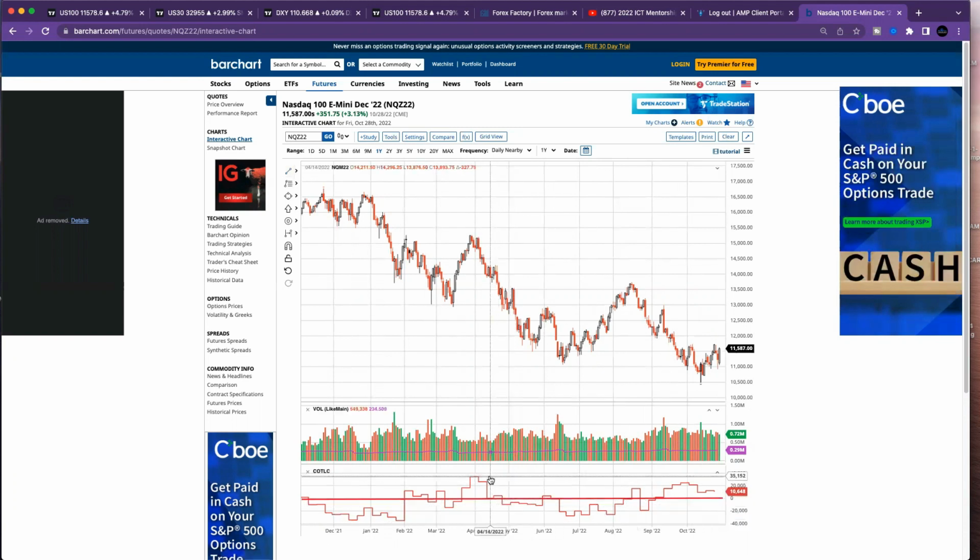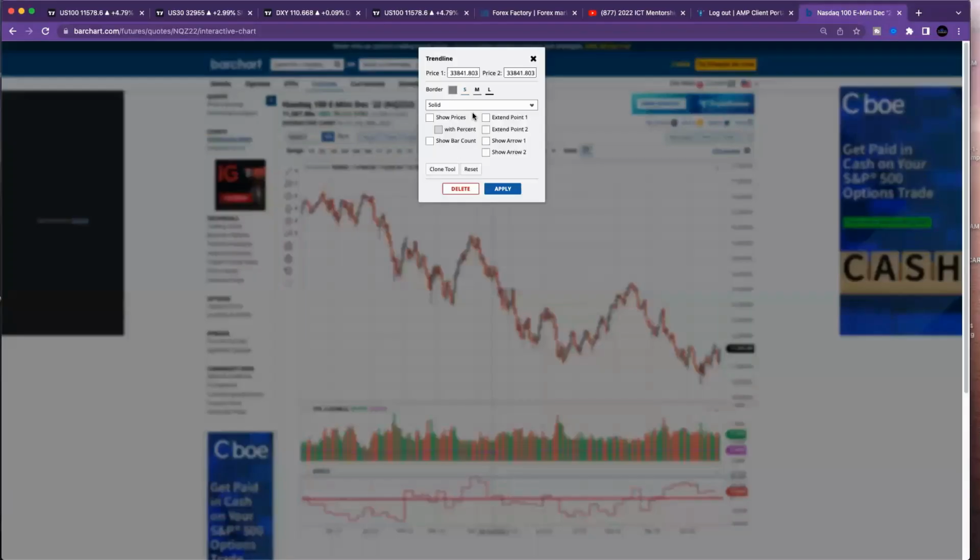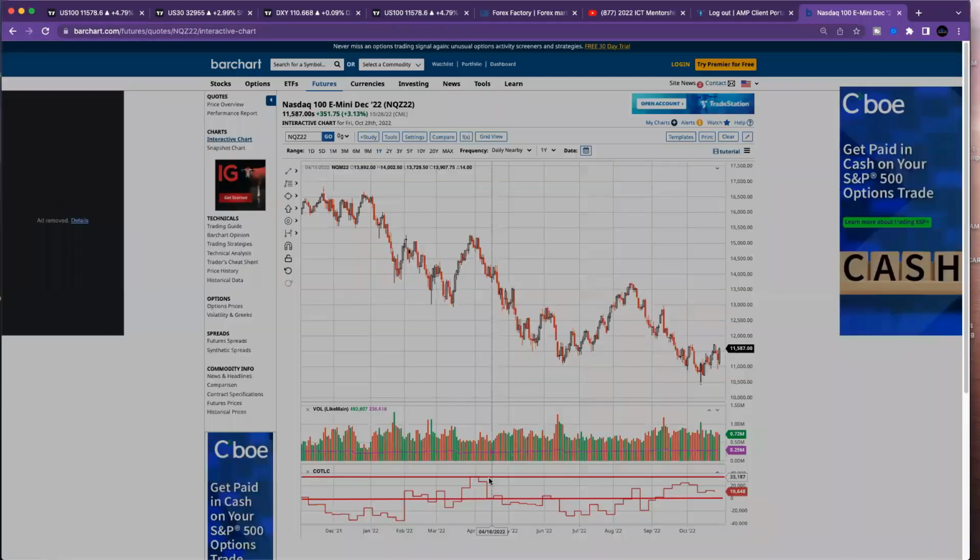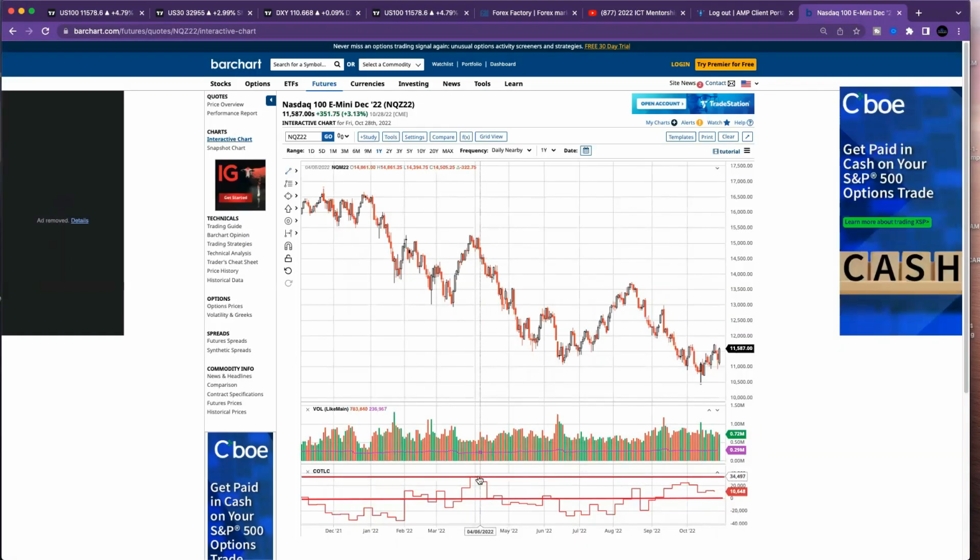So this high is the highest extreme from the last 12 months, this low is the lowest extreme, and having that, this is our 0 line.